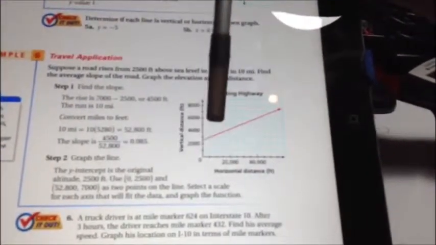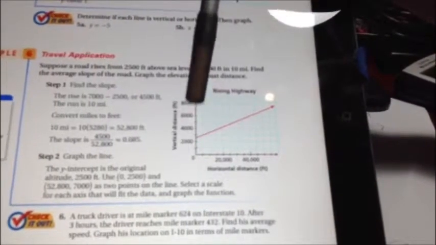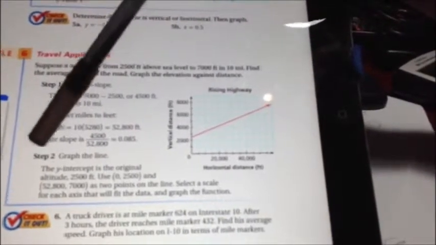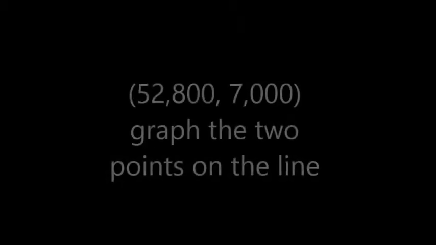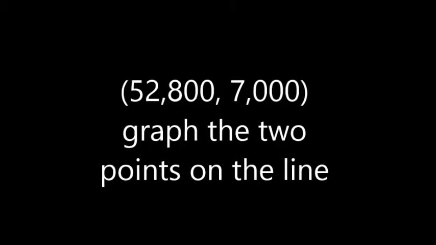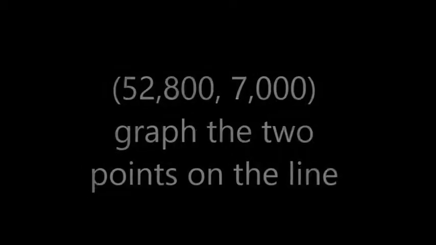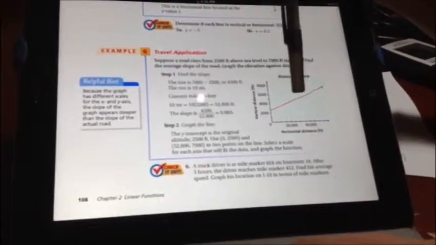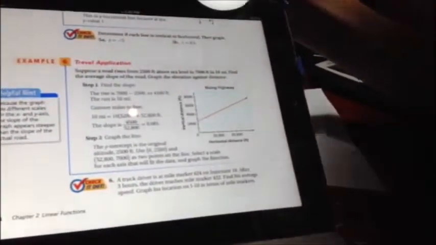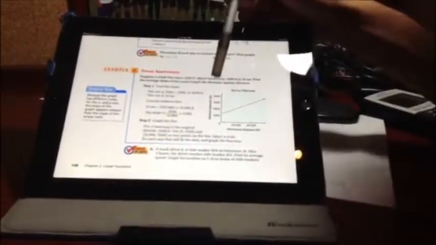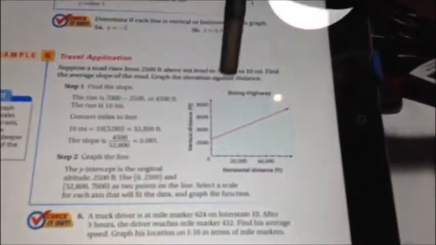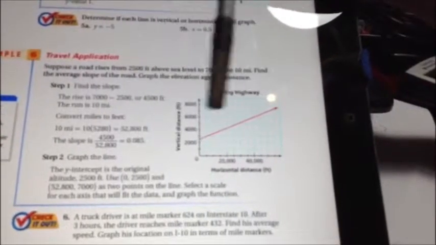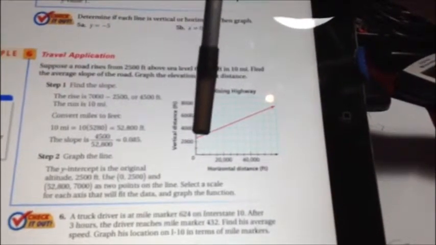So in here you get the 2,500 right there, and you graph 0, 2000 here, 0, 2500.